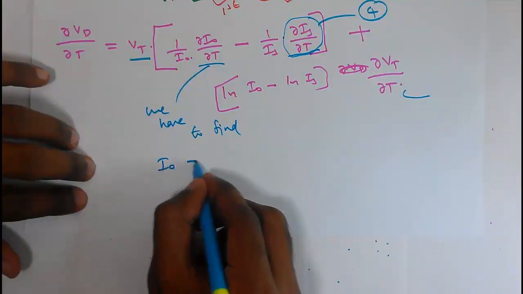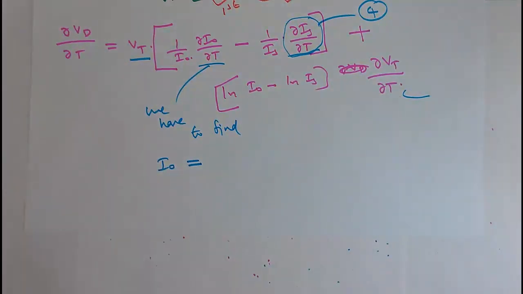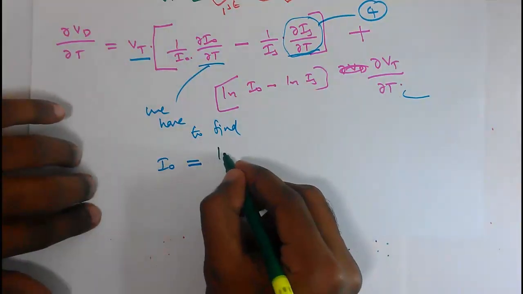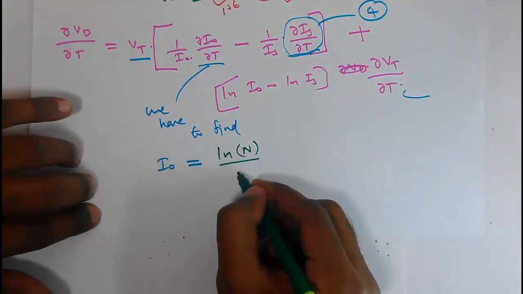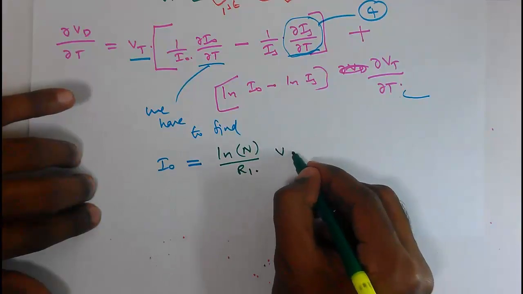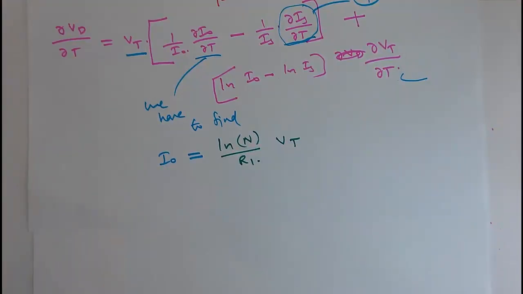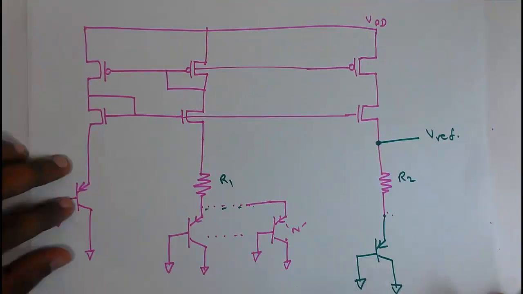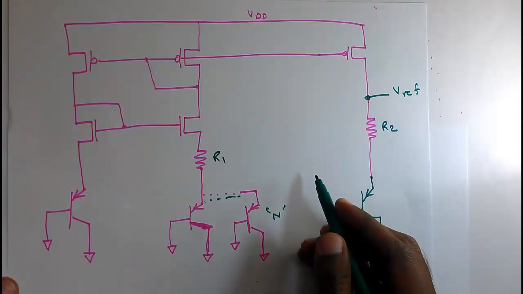The expression of I0, the current through the branches of the current mirror, equals ln n divided by R1 into Vt, where n is the number of diodes in parallel and R1 is the resistor across which we got the PTAT voltage, that is this resistor R1.